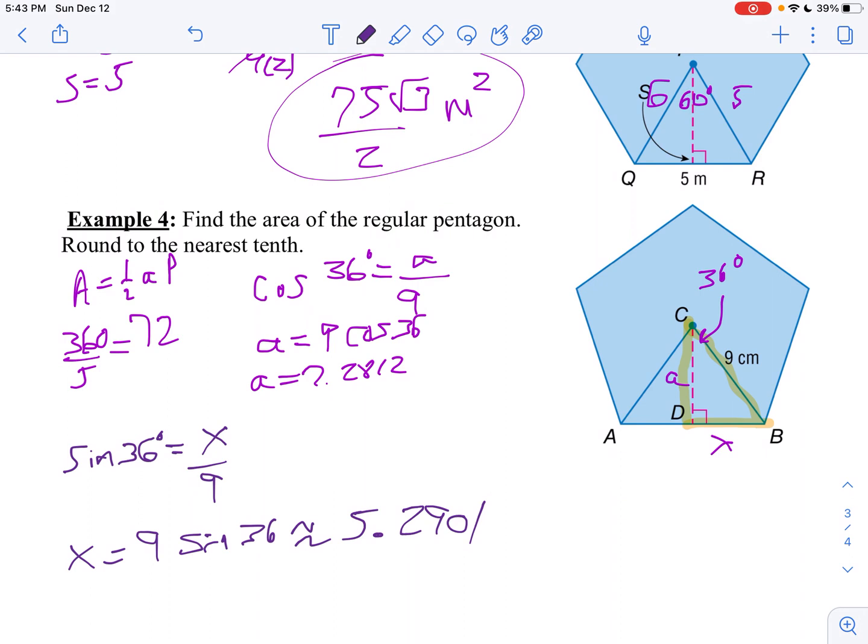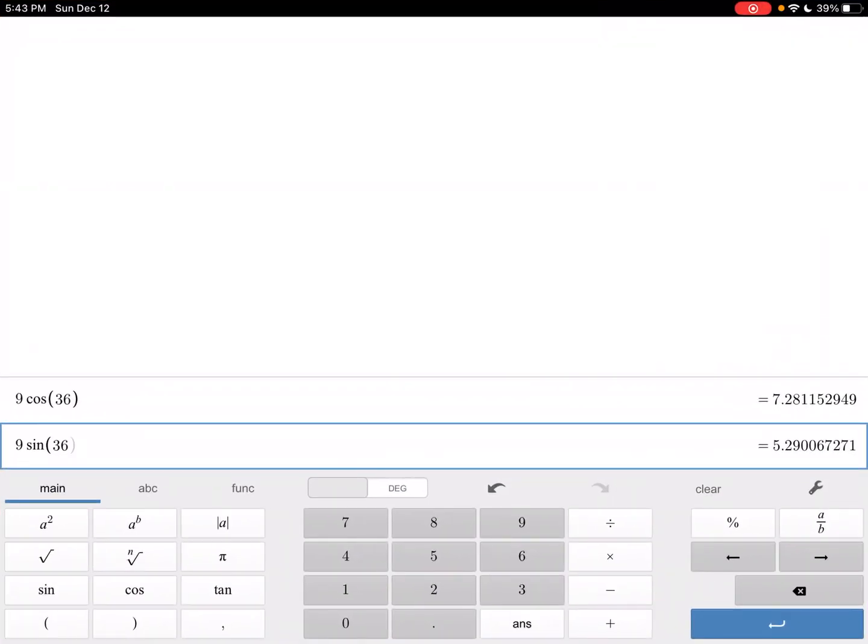Now, since I know x is half the side length, I know my whole side length, I just take that times 2. And I get 10.5801.